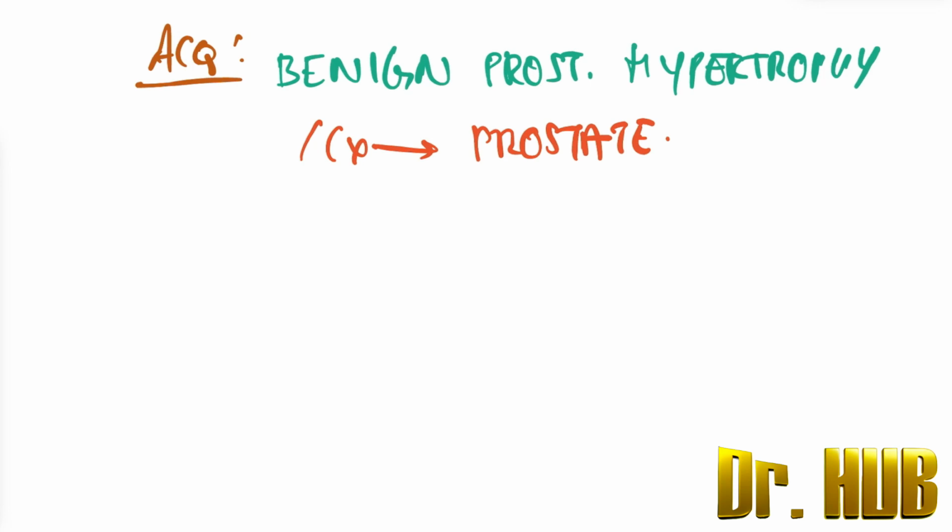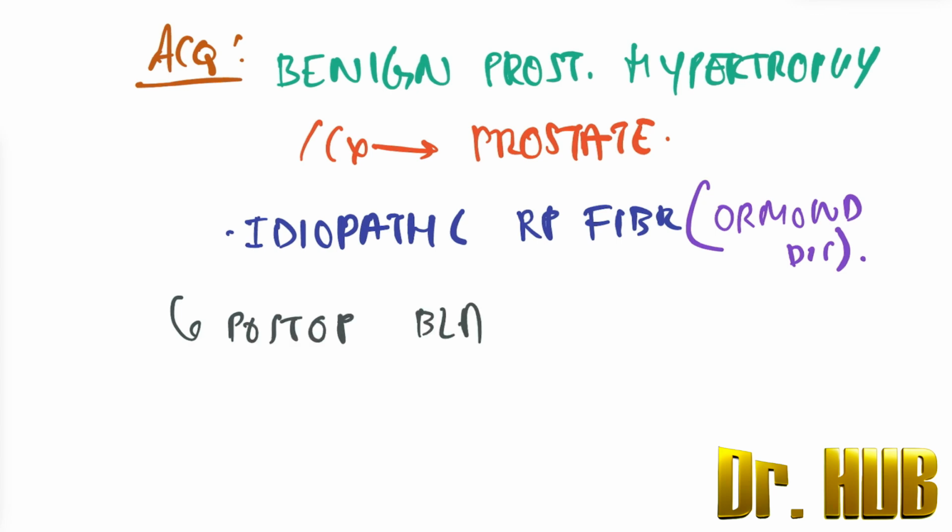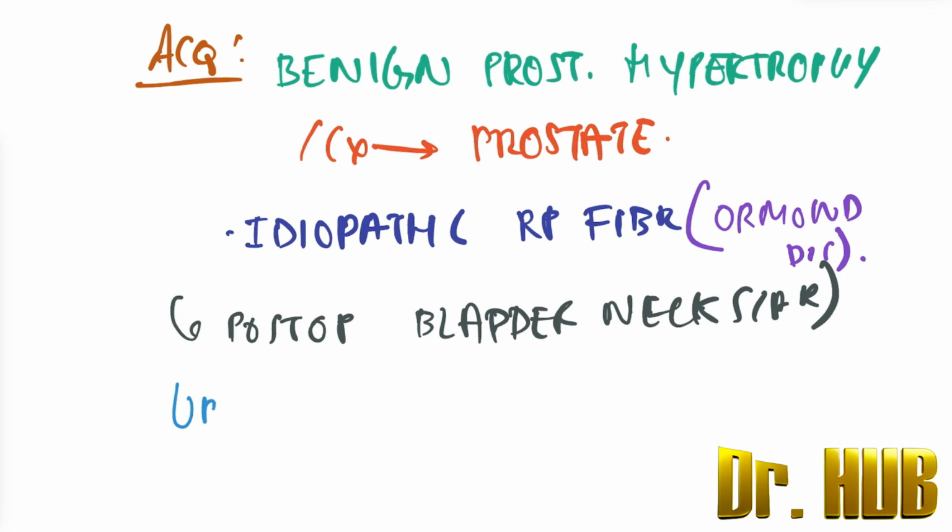And there is the idiopathic retroperitoneal fibrosis, that is, it includes Ormond's disease. There is post-operative bladder neck scarring. There is urethral stricture as well as phimosis.